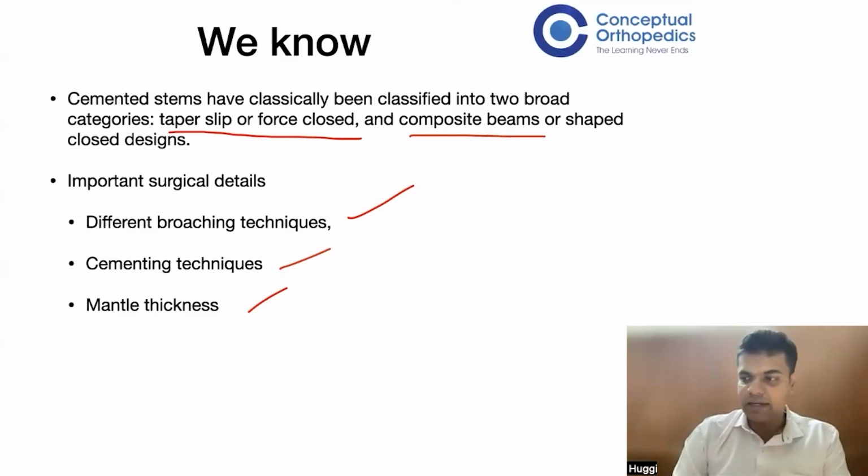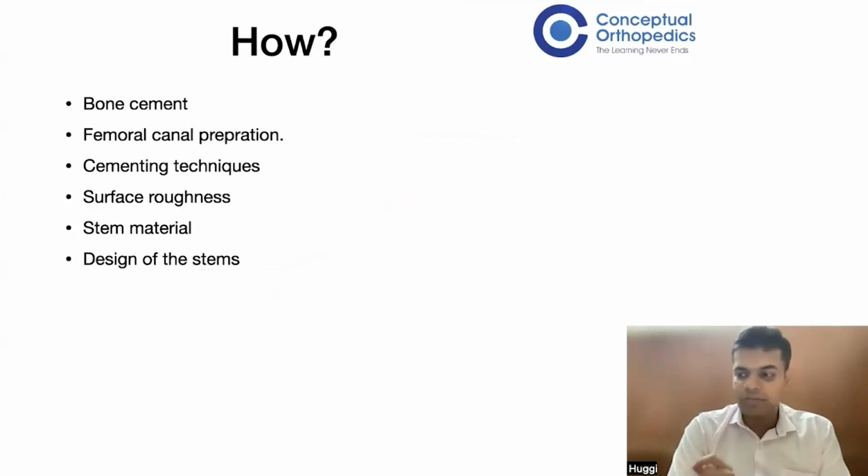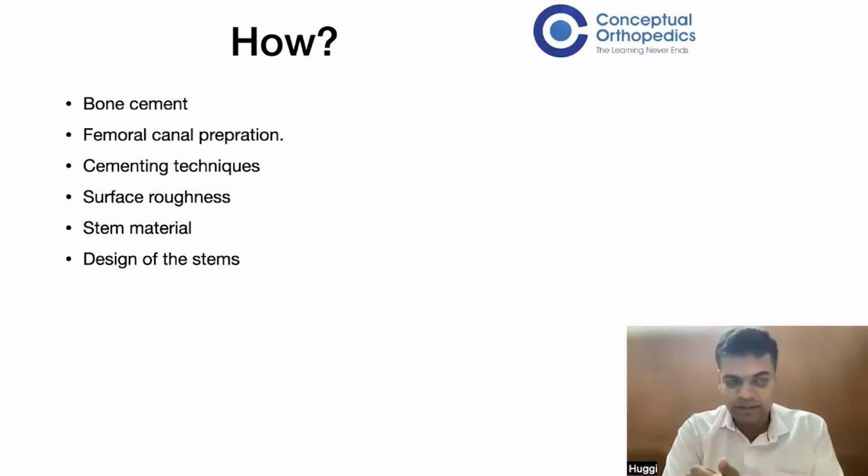Okay. I need participants to be active, either by putting up the questions or they can take the mic and ask questions. Okay. So what is most important? To understand how each and individual thing contributes to the failure. Starting from the bone cement.